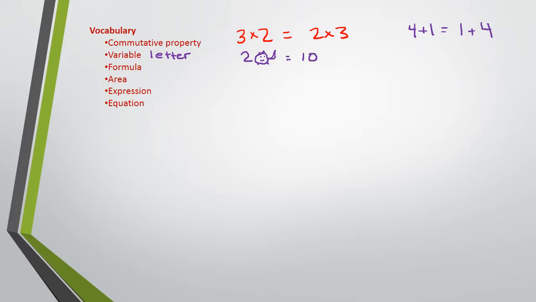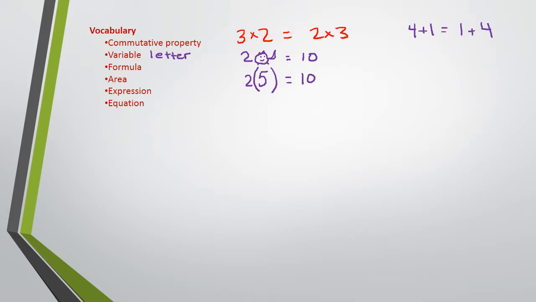So think of the cats as maybe like a bag of cats, and we don't know how many are in the bag. But if I have 2 bags of cats, I'll end up with 10 cats. So what do you think's in the bag? Well, that cat symbol must represent the number 5, because 2 times 5 is what equals 10. So instead of using a letter, I used a nice symbol, my kitty cat there.